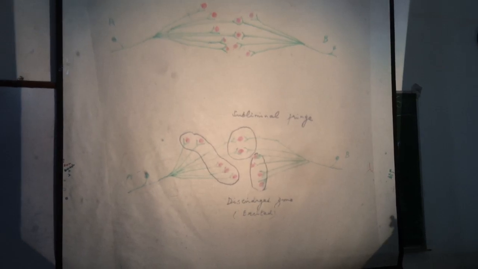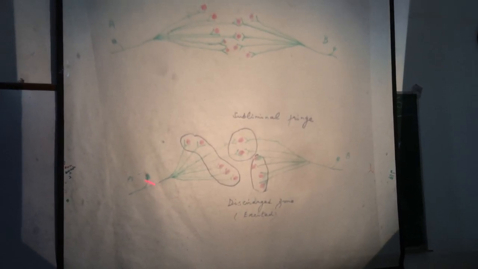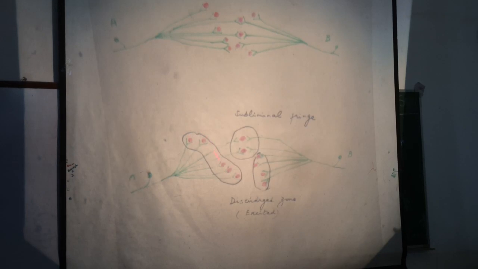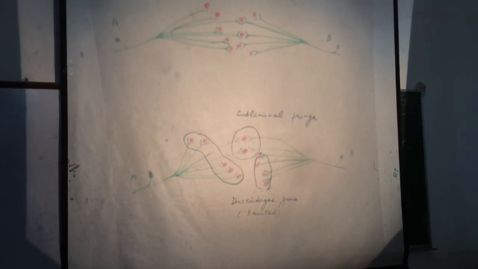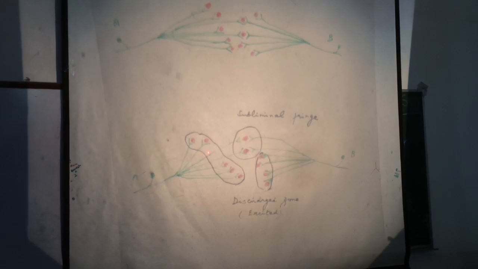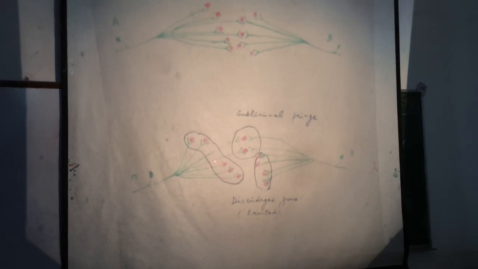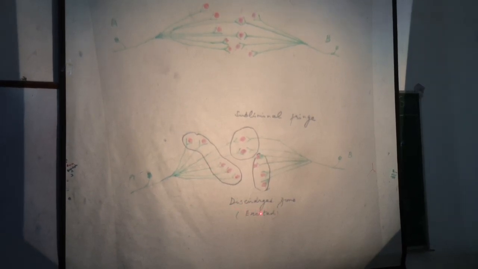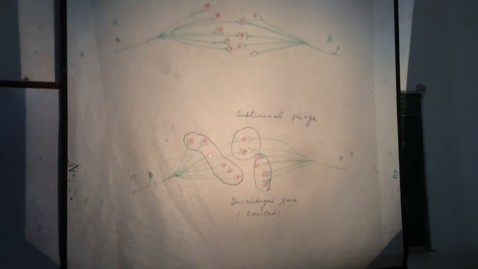But here you see that when you stimulate afferent A, 5 motor neurons are completely excited. And these 5 motor neurons which are completely excited are called the discharge zone or excited zone.